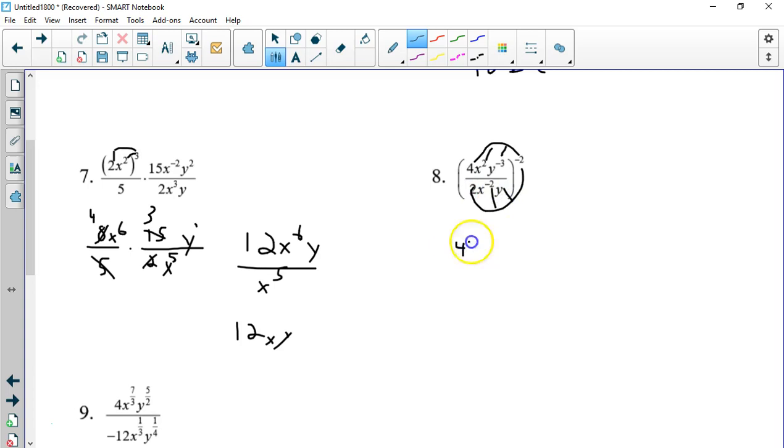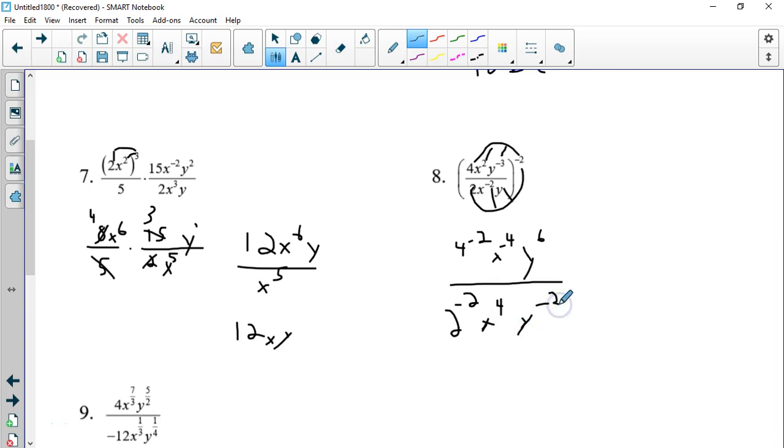So 4 to the negative 2, x to the negative 4, because 2 times negative 2 is negative 4. y, negative times negative is positive 6. All over, again, 2 to the negative 2, x to the positive 4. Why? Because negative 2 times negative 2 is positive 4. And then y to the negative 2.